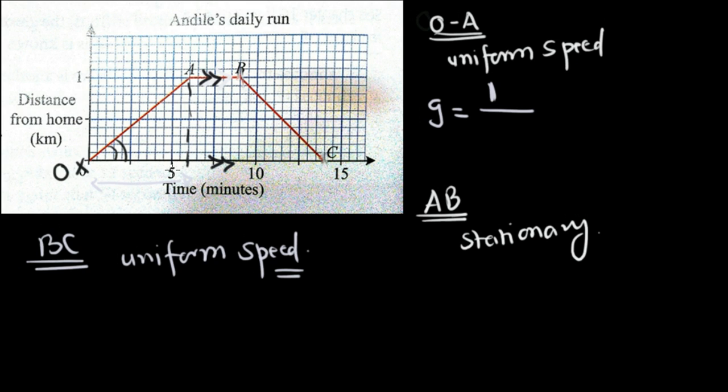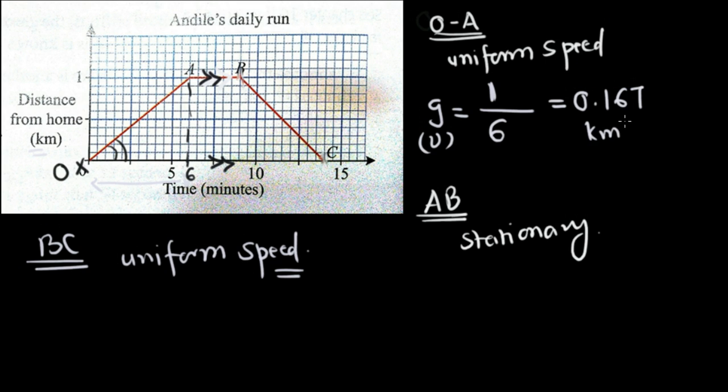It seems this has to be 6, so 1 over 6 is 0.167. The gradient is nothing but the velocity, so the unit would be kilometer per minute.